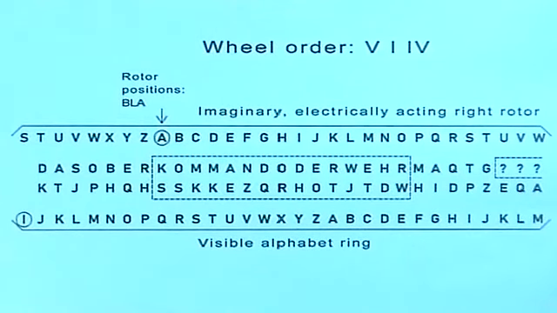At the position of the notch of the rotor, the imaginary electrical acting rotor carries the letter U. At the same position of the rotor with its notch, the visible rotor with its alphabet ring carries the letter K.